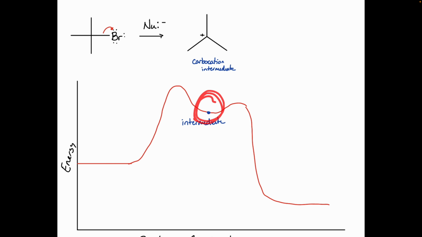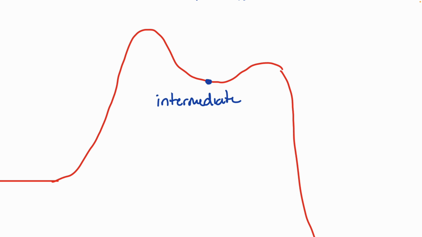All right, is this intermediate lower or higher energy than my reactants? Higher energy. And yes, that's because carbocations are not very stable. They do not have complete octets. But importantly, this isn't a transition state that lives in one of those local maxima. This is an intermediate, which means that it is this local minima.